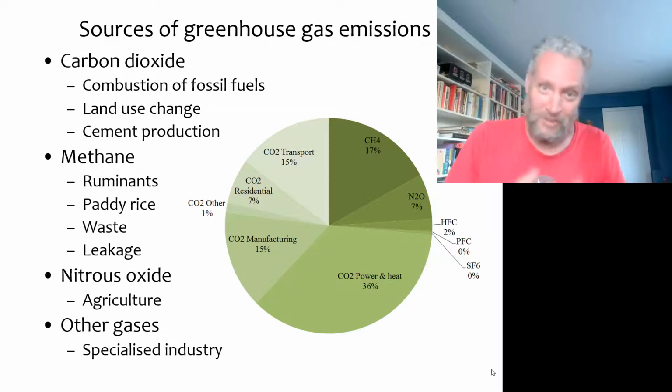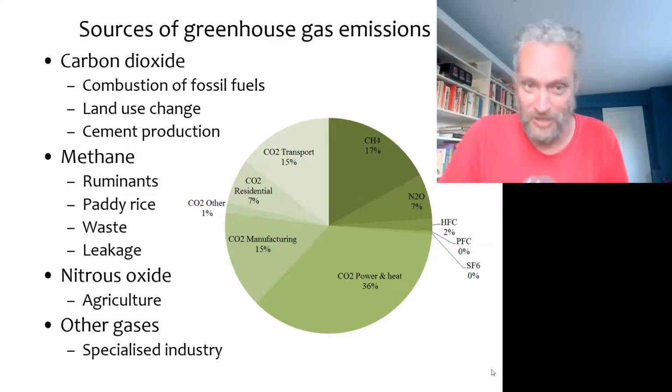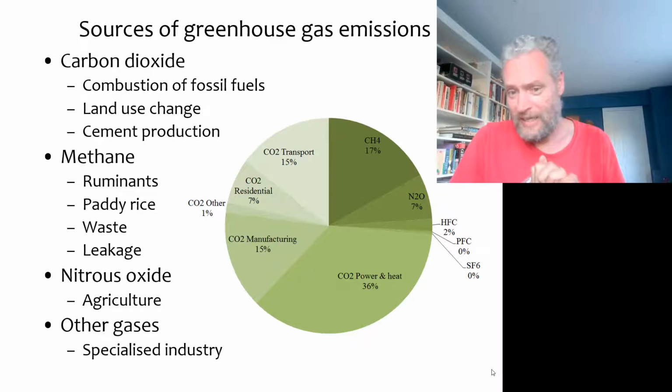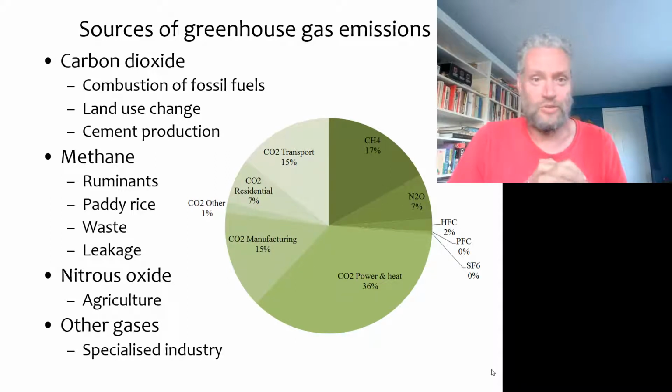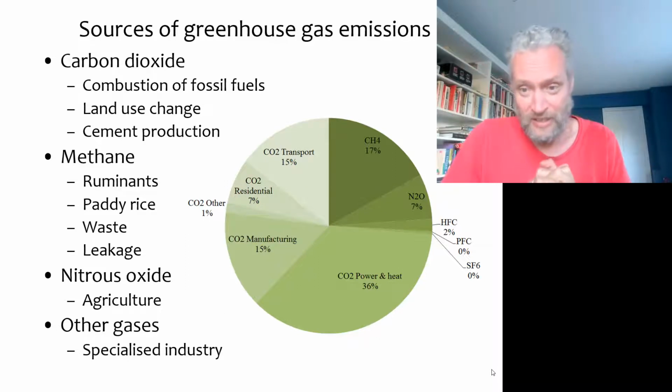So nobody wants SO2, but not CO2. You absolutely must make CO2 if you want to get your energy out of your fossil fuels. So that is the first thing to keep in mind here. This is by far the most important source of greenhouse gases and of carbon dioxide.